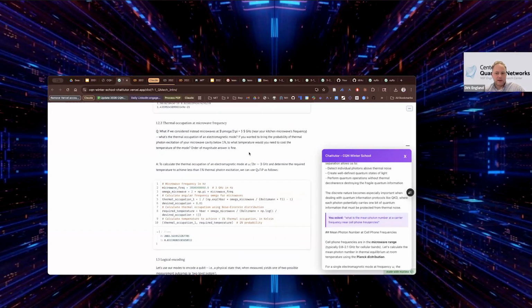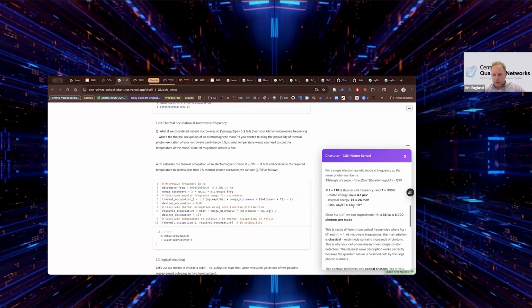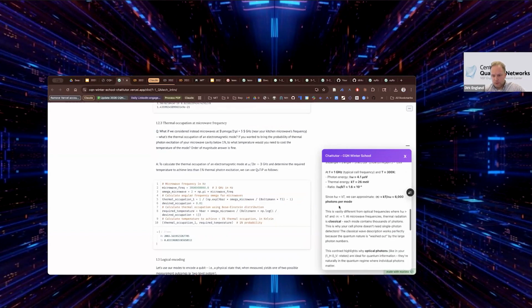So this is something that you could already do. Here we go. Okay. Oh, look at this. So this assumption that we make at optical frequencies to describe our quantum network channels, that the mean photon number at optical frequencies is zero.